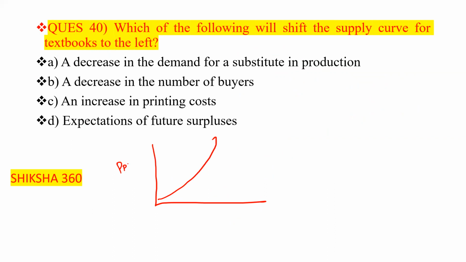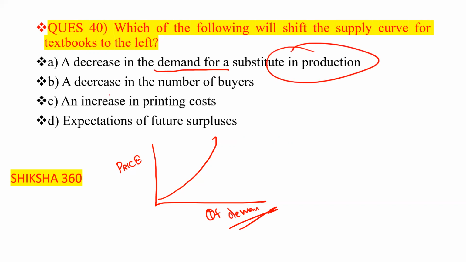This one is the price, and this is the quantity. In which case will the supply curve shift to the left? A decrease in the demand for a substitute in production, a decrease in the number of buyers, an increase in the printing cost, or expectations of future surpluses.